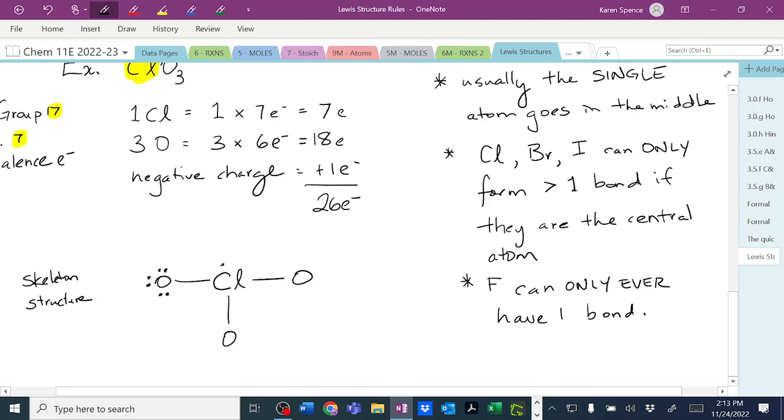Yes, it needs one pair. Up here, that's going to give us 8 because each bond is 2 and each lone pair is also 2. So there's 2, 4, 6, 8. All the other oxygens are just like the first oxygen. They all also need this many electrons. There we go.